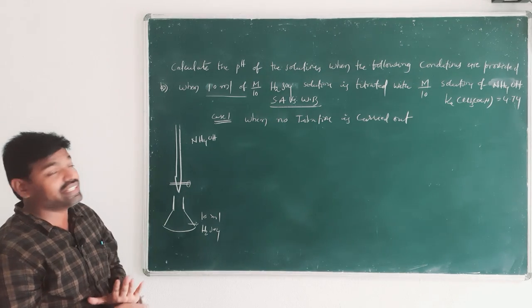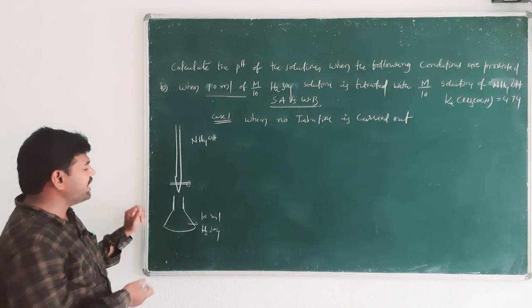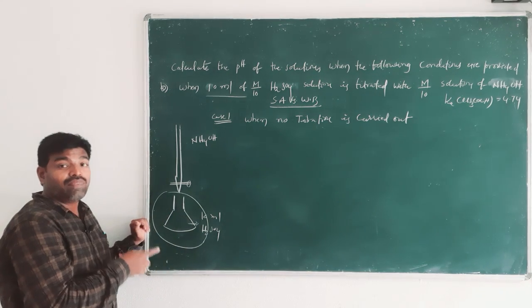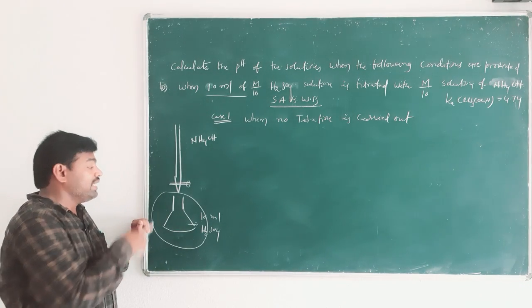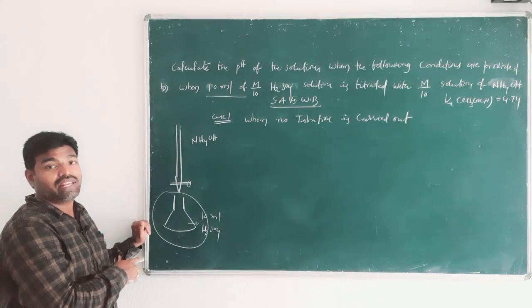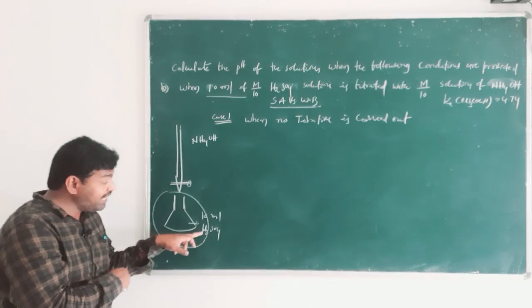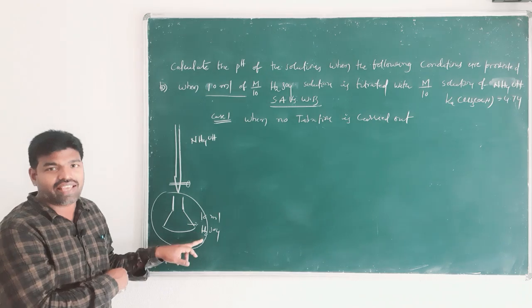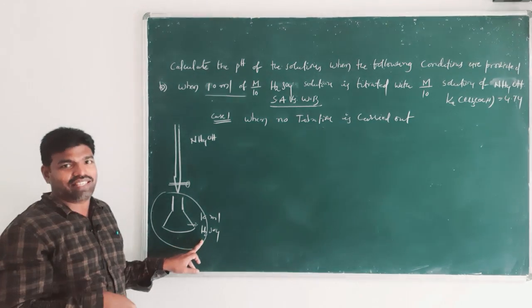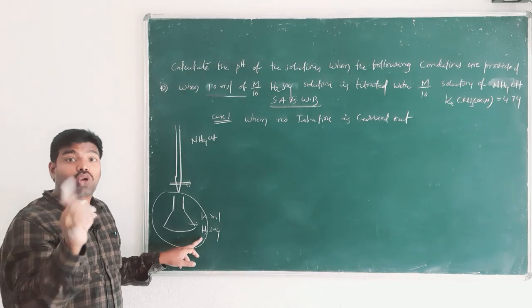In the conical flask, only acid is there, and that acid is a strong acid, but in the earlier problem the acid was a weak acid.